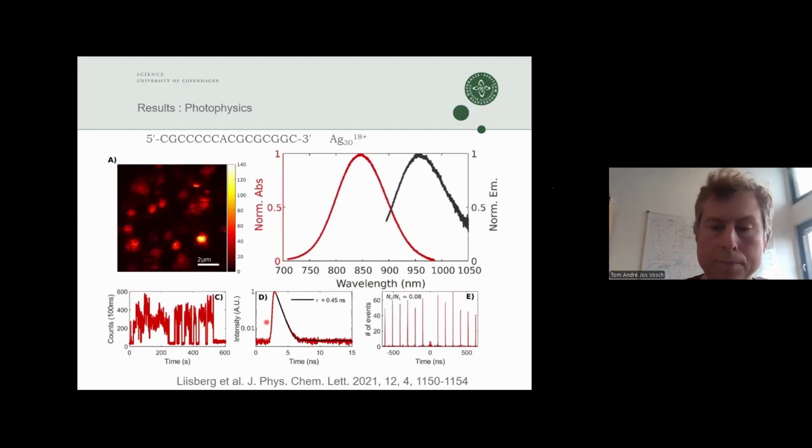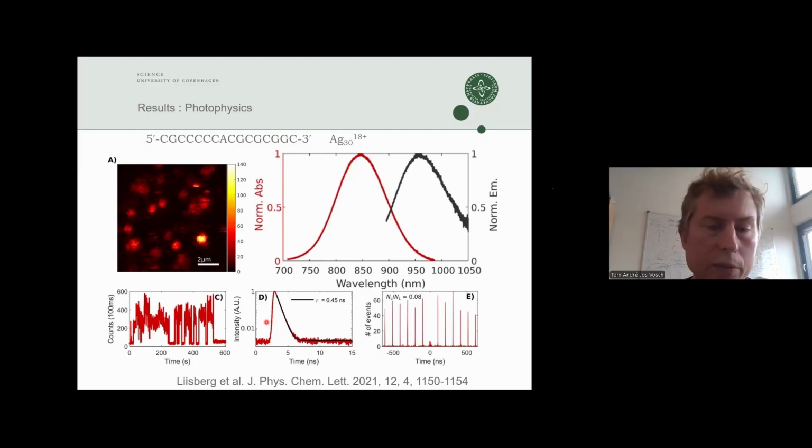Okay, and then a couple of years ago, we actually showed that these clusters are very good, and they keep their high brightness even in the near infrared region. Here we wanted to highlight this by doing single molecule measurements of this particular cluster. That was a silver 30 cluster that emitted around 950 nanometers.